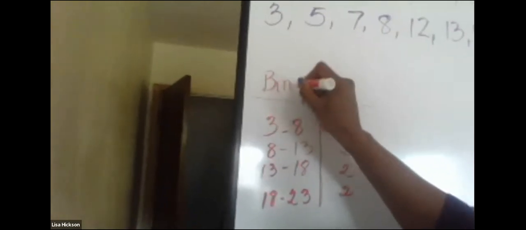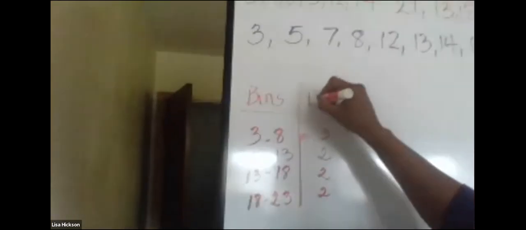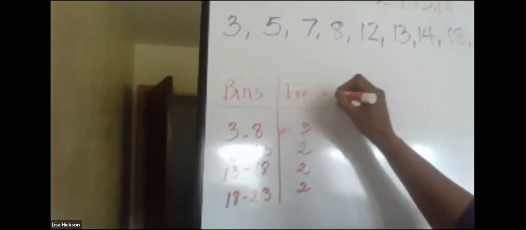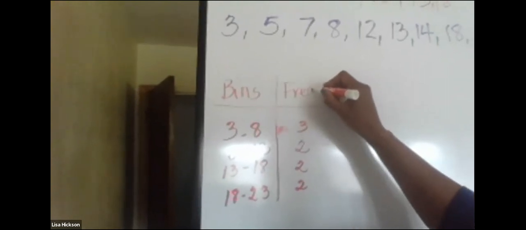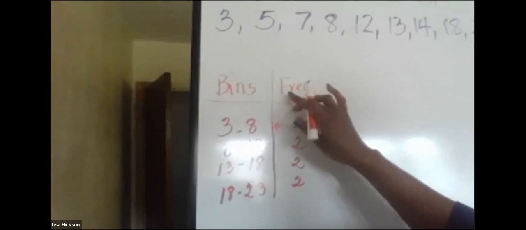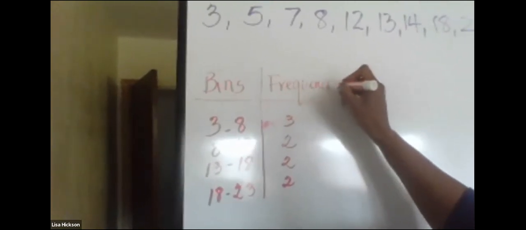When you construct your bins, remember, you don't want them to be too small because there'll be too many. And you don't want them to be too large because you won't have a lot of towers, so it won't be distinguished enough.